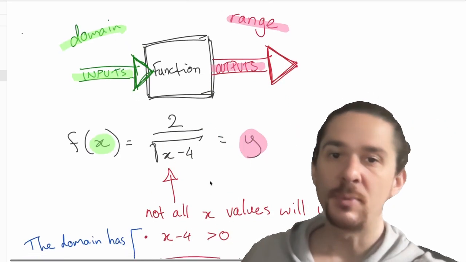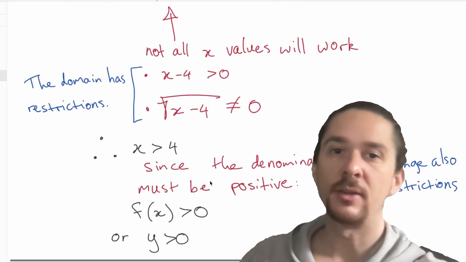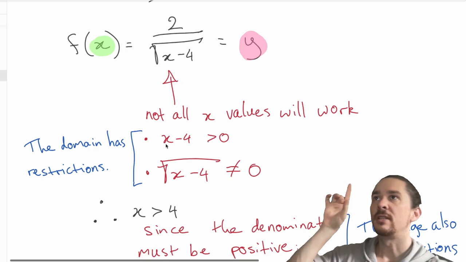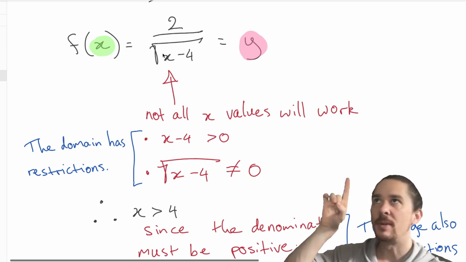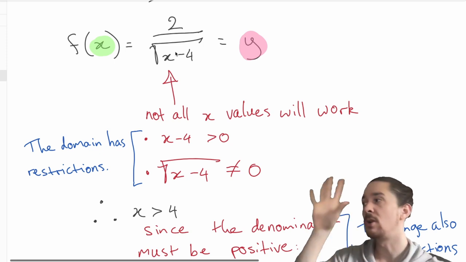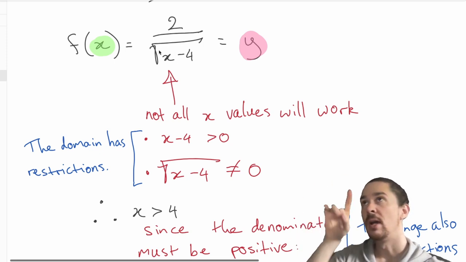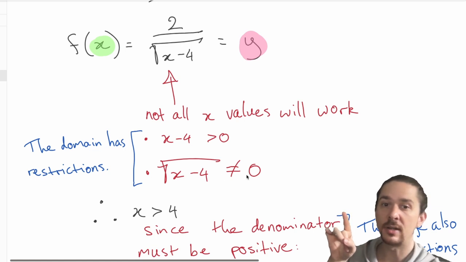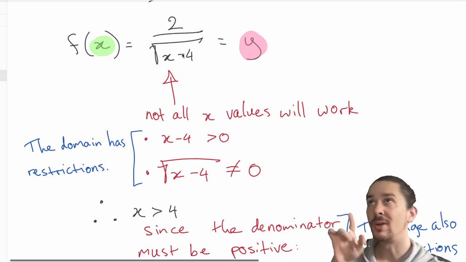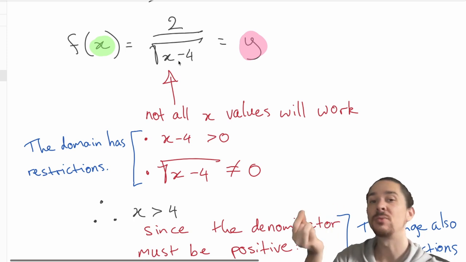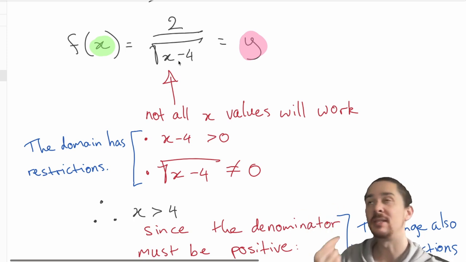Now, in this example function here, not all x values are going to work. The reason not all x values will work is because this denominator cannot be 0. We can never divide by 0. So our denominators can never be 0. So this thing here, the square root of x minus 4, cannot equal 0. And furthermore, inside the square root, x minus 4 has to be positive because we cannot square root something if it is negative.